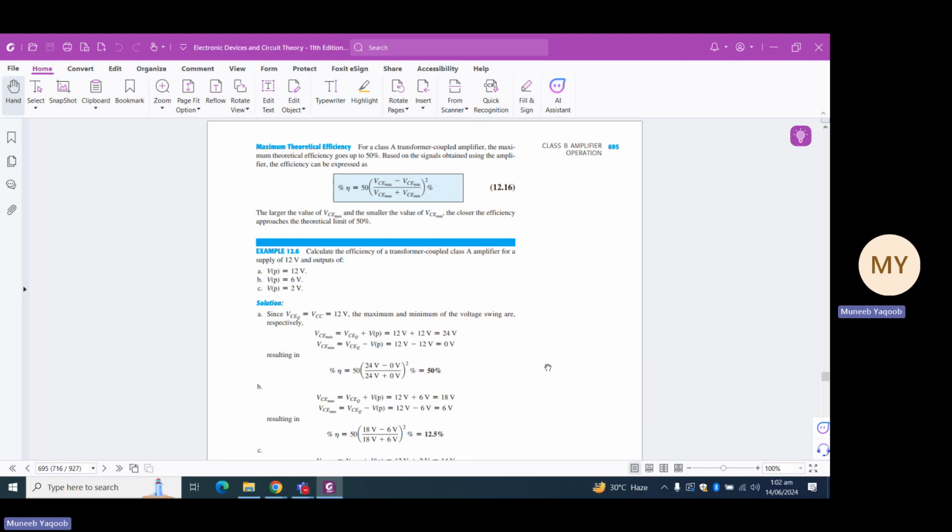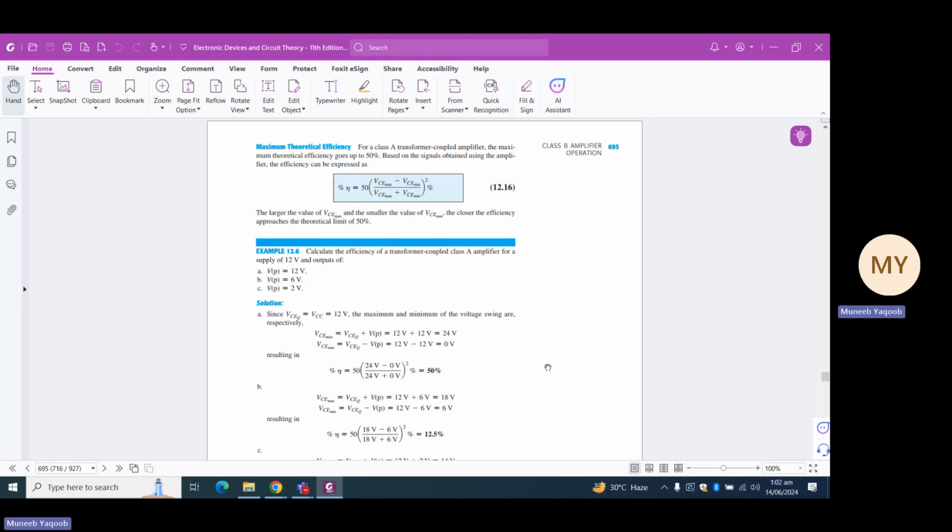So VCE maximum is 12 plus 12, that is 24, and VCE minimum is 12 minus 12, that is 0. So now if we put this thing in equation 12.16 at the top of this slide, we can easily find that the efficiency is 50%, which is almost the maximum efficiency of the transformer coupled class A power amplifier.